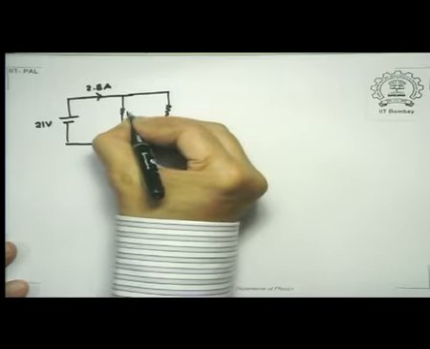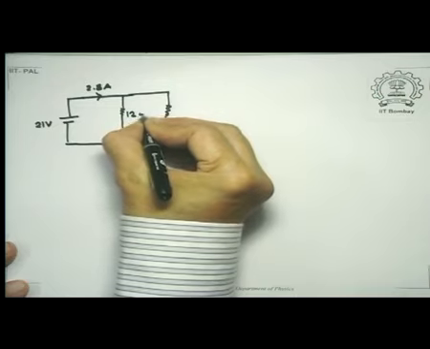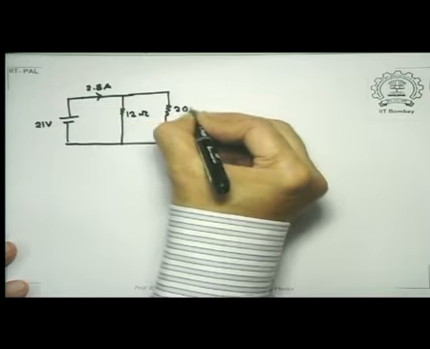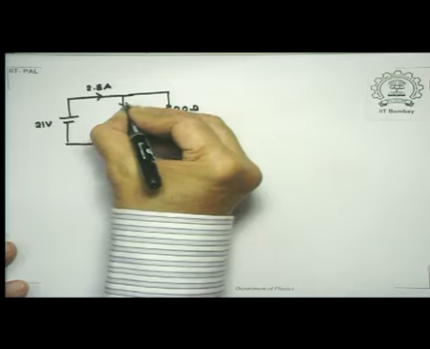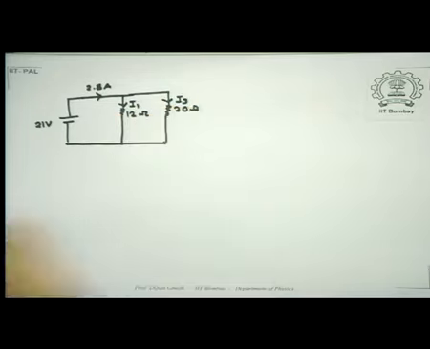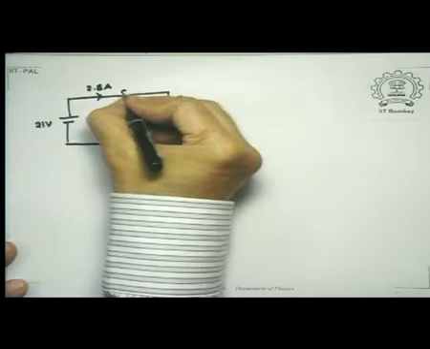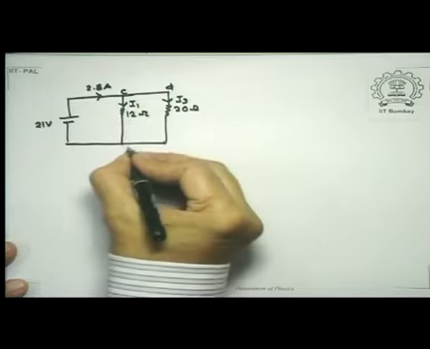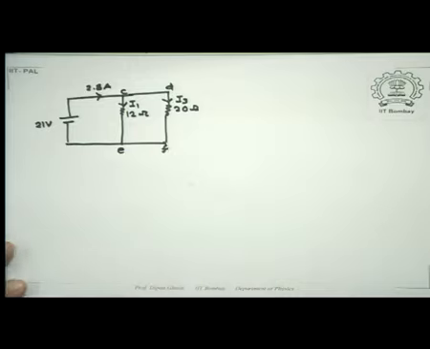This is 12 ohms, this is 20 ohms, we call it I1, we call this I3. So these points are C, D, E, F. This was the situation where the A, B were not connected.